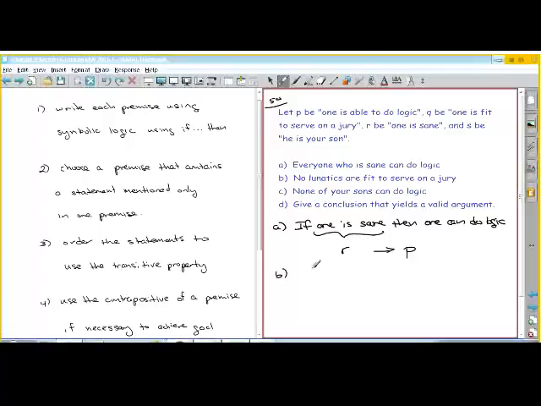Okay, so you could rewrite this and say, if one is a lunatic, then one is not fit to serve on the jury. It's not fit.